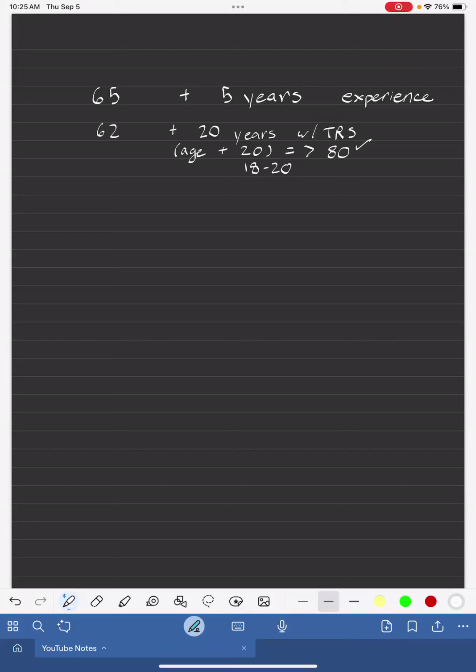Now, let's look at how they actually calculate how much you get per month and per year. So they take an average, which means they add your 5 top years together and divide by 5.